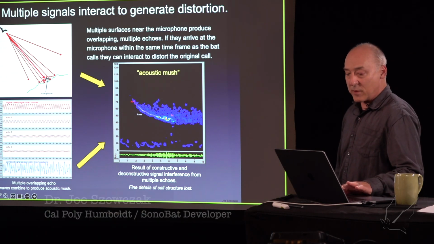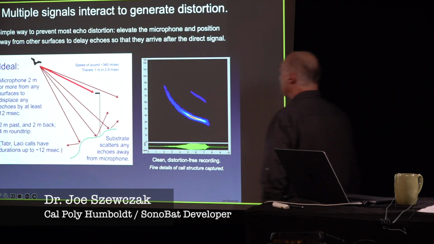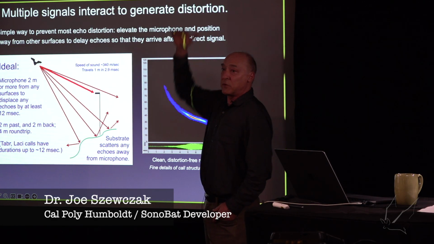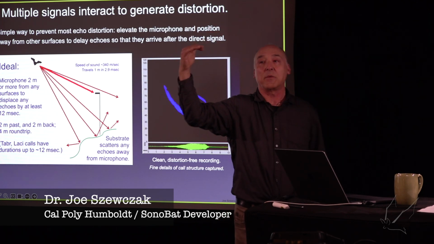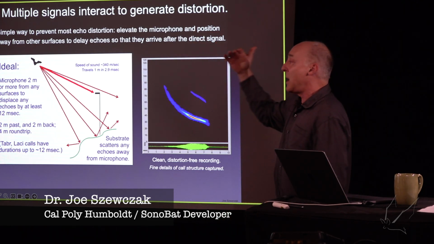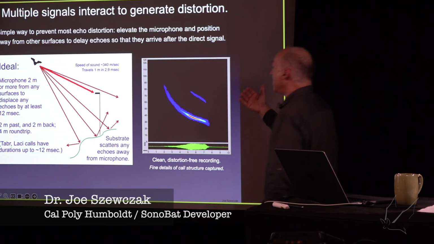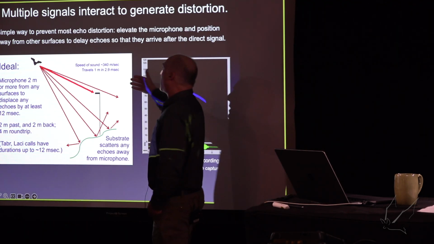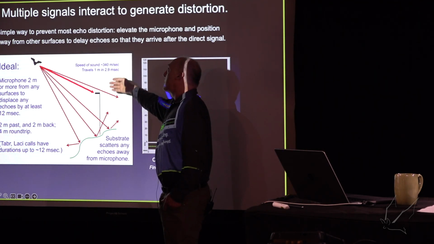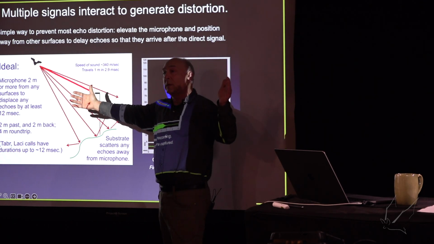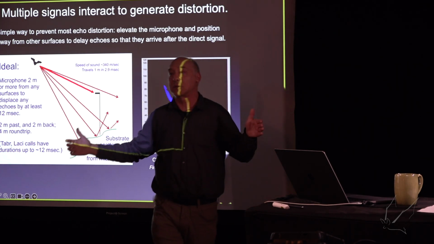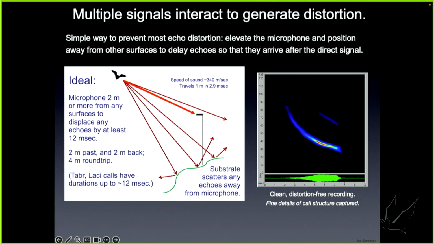The way you prevent this is you elevate your microphone away from any echo producing surfaces. If you just go 2 meters away, because sound is moving at about 340 meters per second, which means it travels about 1 meter every 3 milliseconds. And so our longest bat calls, the pulses that we deal with, are typically on the order of about 12 milliseconds.